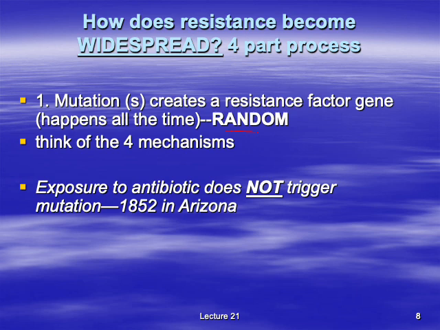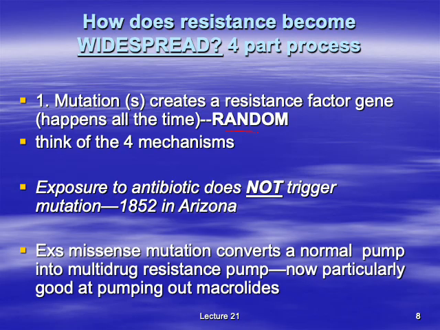The answer is yes. Bacteria have been mutating since the beginning of time, and by luck you could find a bacterium that, if you came from the future and applied daptomycin, you would say is resistant to daptomycin. How can that be? Because mutations are random. They're completely random. The antibiotic's presence does not cause the mutation.